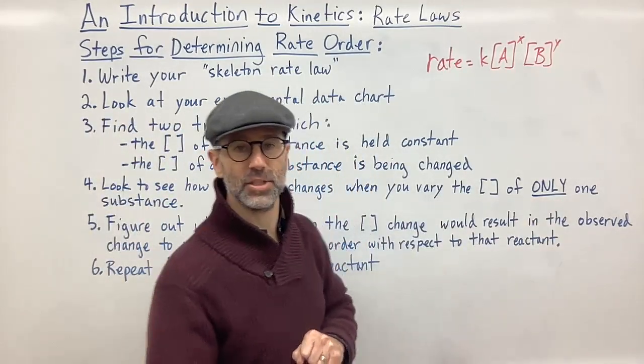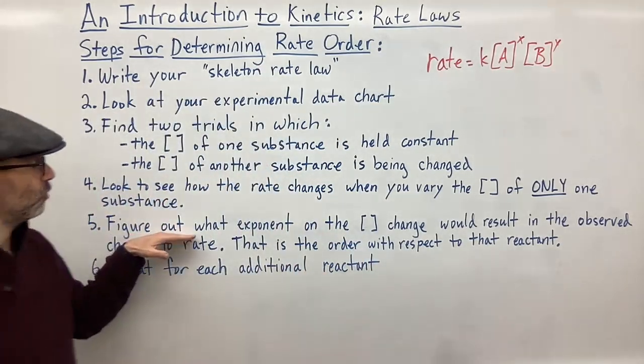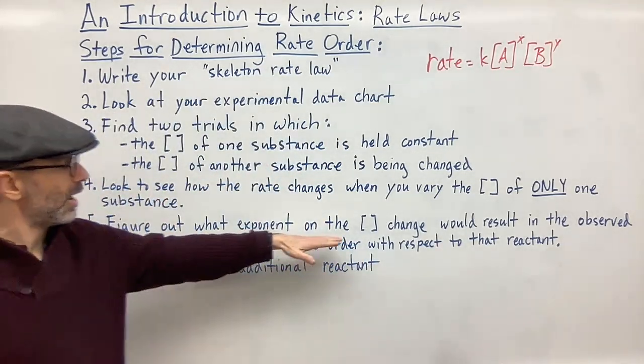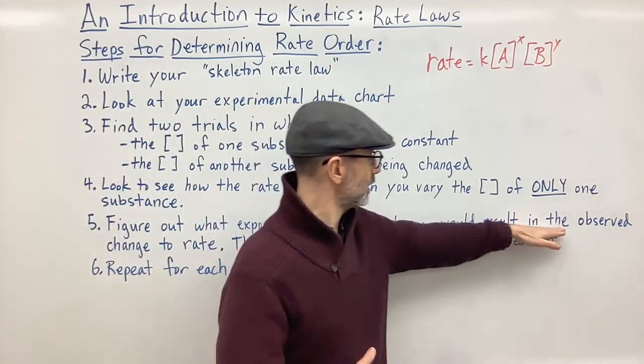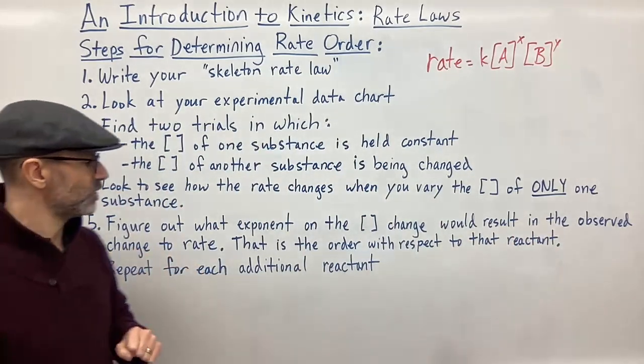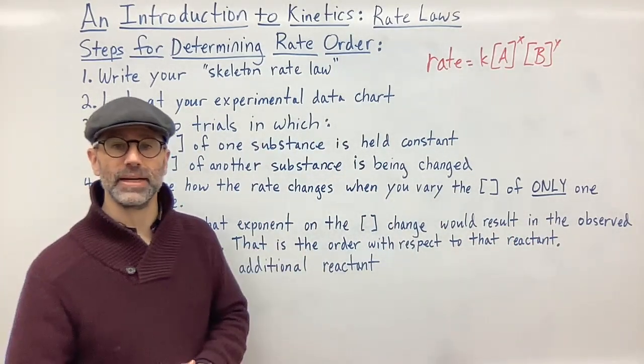So this is a step-by-step process. Then I figure out what exponent on that concentration change would result in the observed change in rate. So basically that would give me the order with respect to that reactant.